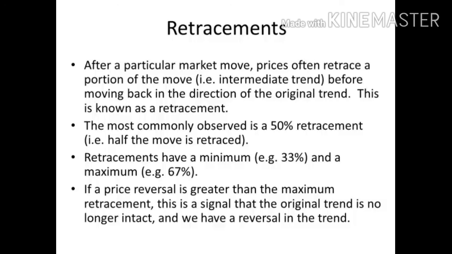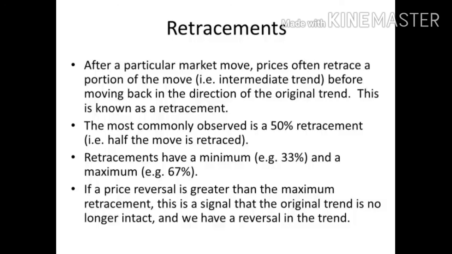And what we can essentially know from this is that if the price reversal is greater than the maximum retracement, right? So let's say we have price going up and then it retraces by more than the maximum, so by more than 2/3, right? That will be a signal that the original trend is no longer intact.